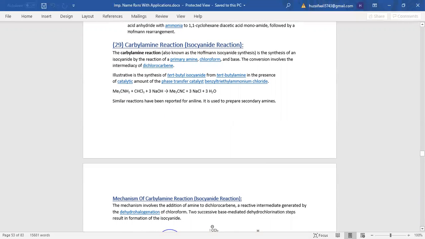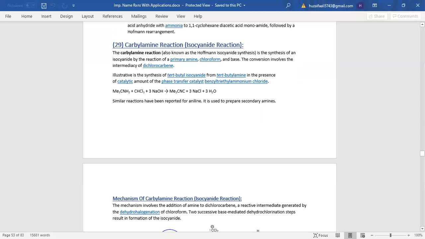Carbylamine reaction. The carbylamine reaction, also known as the Hofmann isocyanide synthesis, is the synthesis of an isocyanide by the reaction of a primary amine, chloroform, and base. The conversion involves the intermediacy of dichlorocarbene.